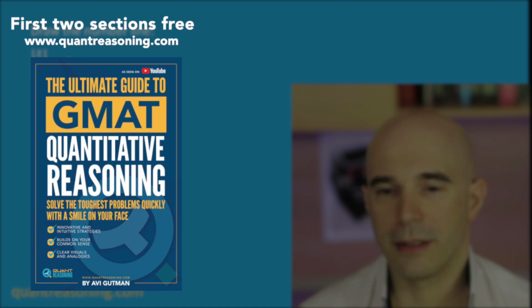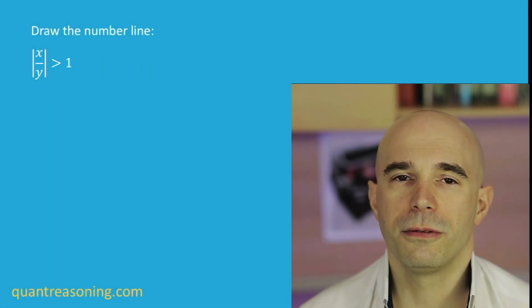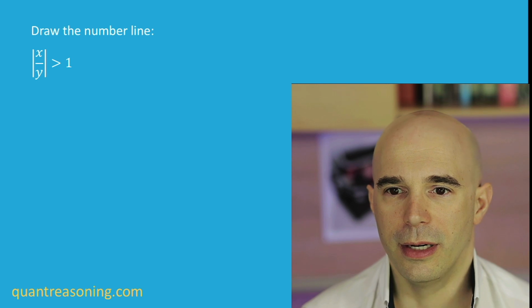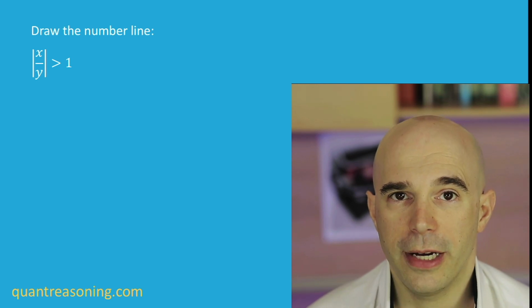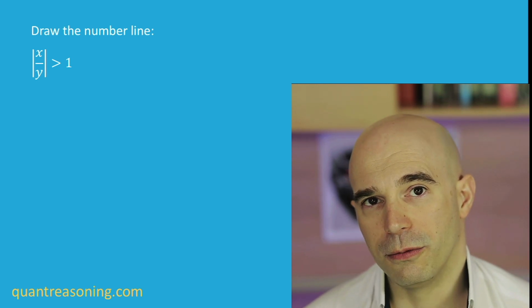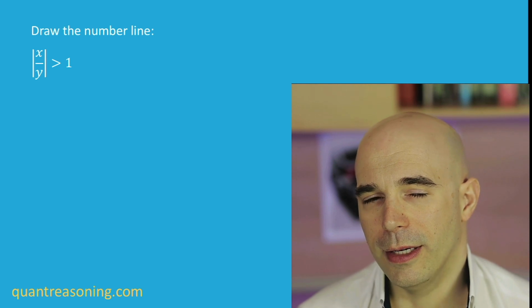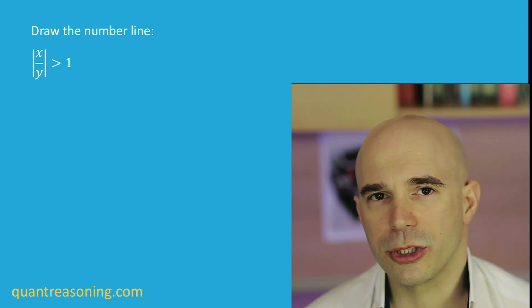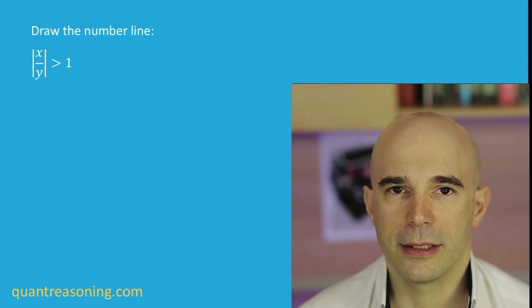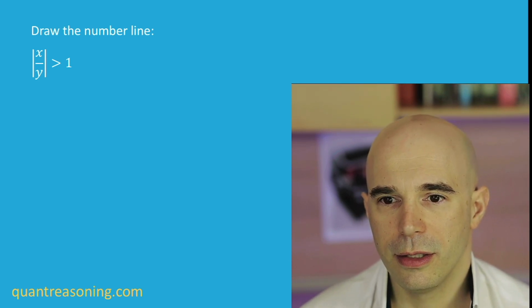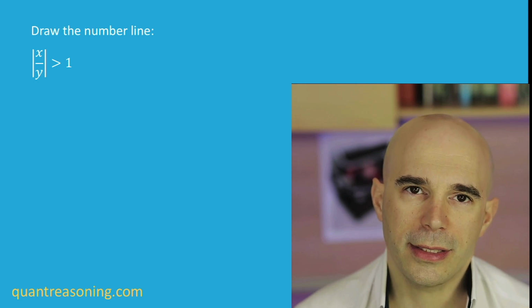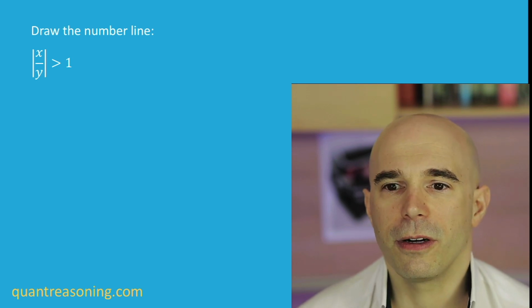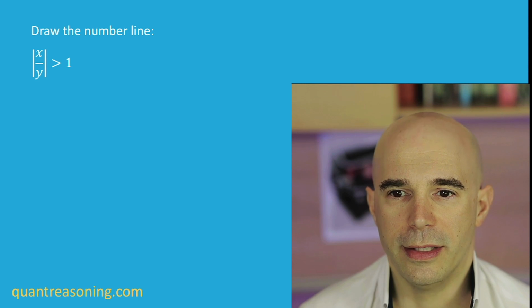What we're looking at here is the absolute value of a ratio. You could think of it as the absolute value of x to the absolute value of y. And so the way to think about that is, I don't know which side of 0 x and y are on, but the one thing that I can say is that x is farther away from 0 than y is.